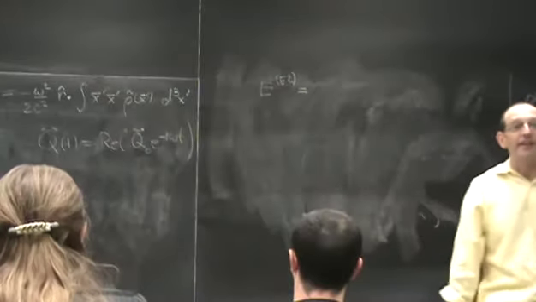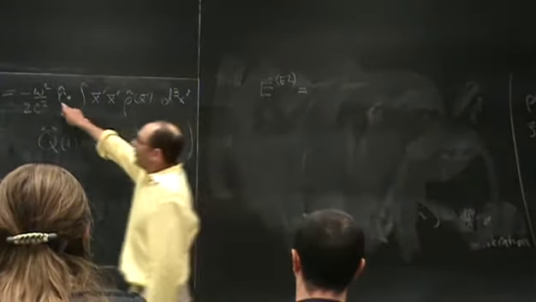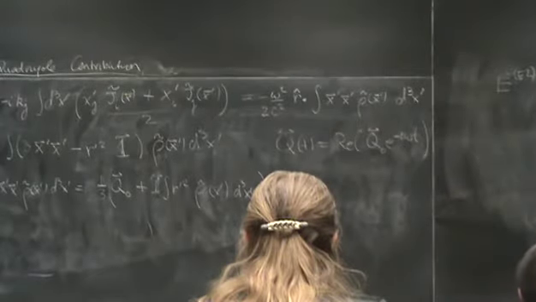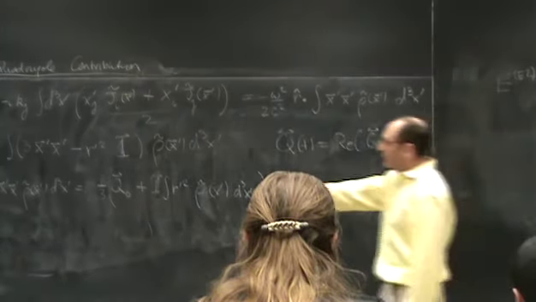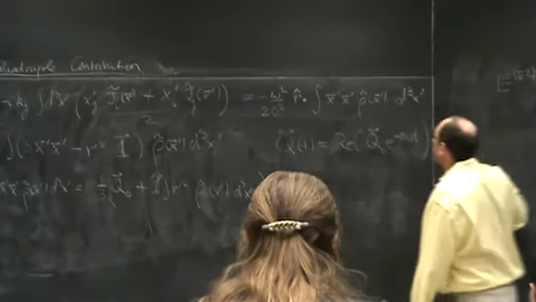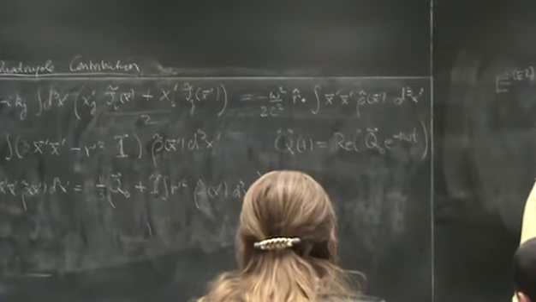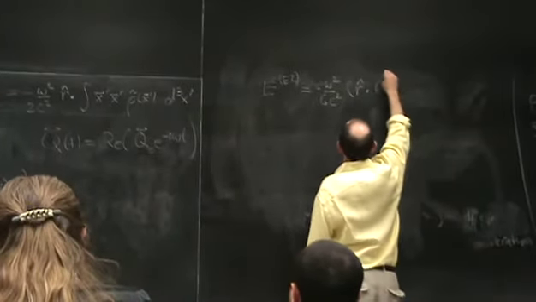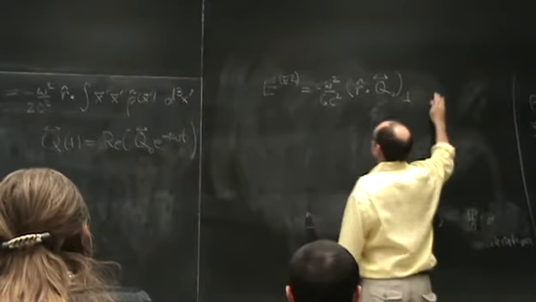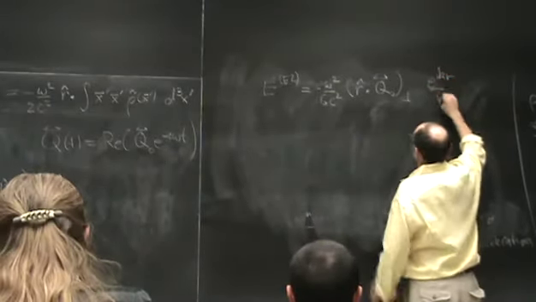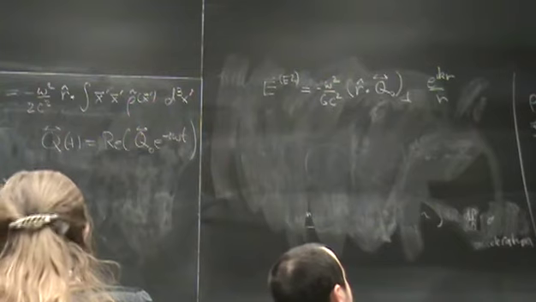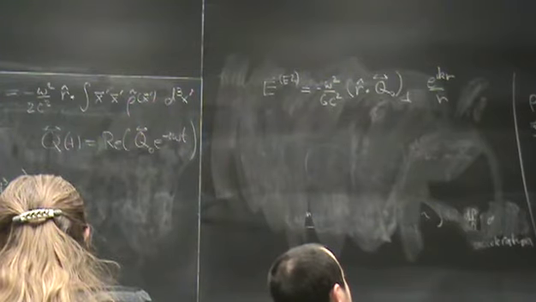However, r dotted into the unit tensor is in the r direction, so there is no transverse piece of that. So we only have to take the transverse piece of the other part. That gives us minus omega squared over 6c squared, the transverse part of this vector. So r dot the tensor is a vector, and we take the transverse component thereof.